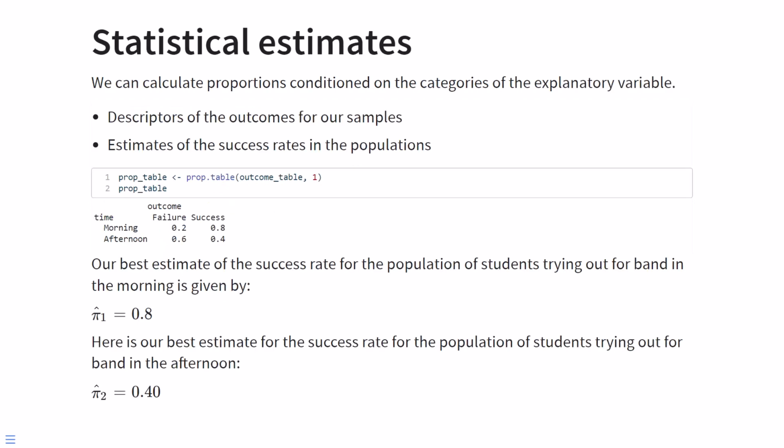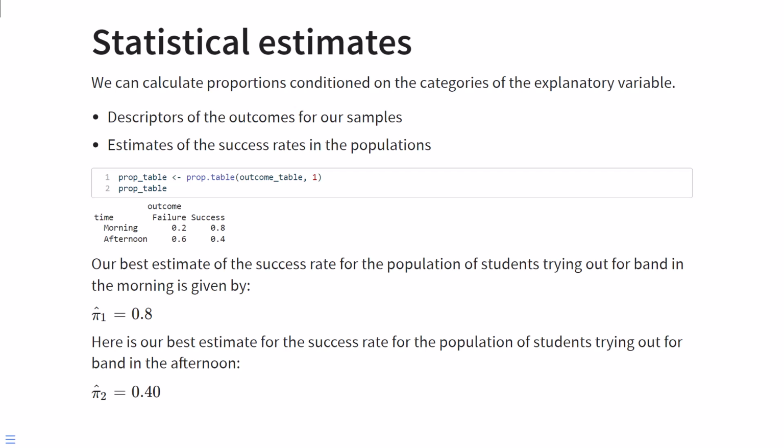We can calculate proportions conditioned on the categories of the explanatory variable. Anytime we do this, we actually have two purposes for such statistical estimates. One is more as a descriptor than an estimate. That is, we're describing what actually happened in our sample.